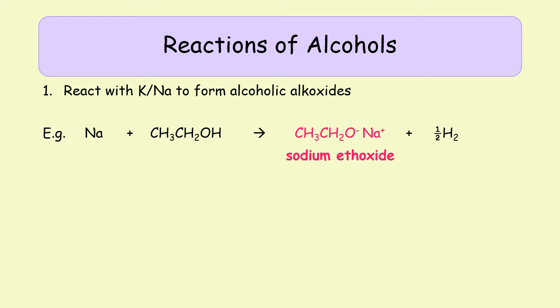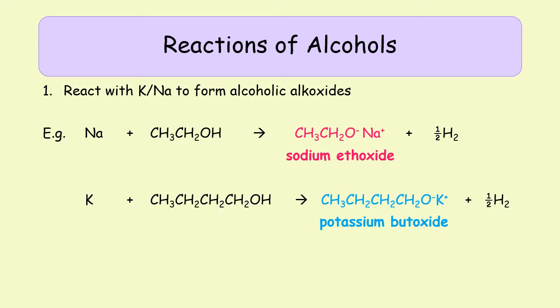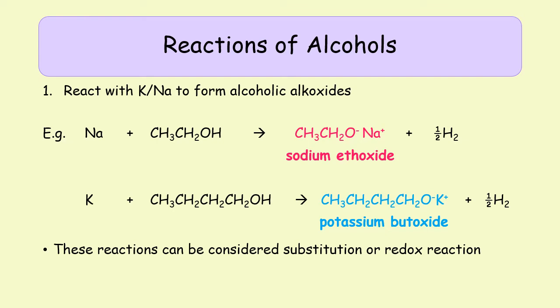So you go, for example, sodium plus ethanol forms sodium ethoxide, and you'll get some hydrogen. Another example here, potassium plus butanol would form potassium butoxide and some hydrogen.